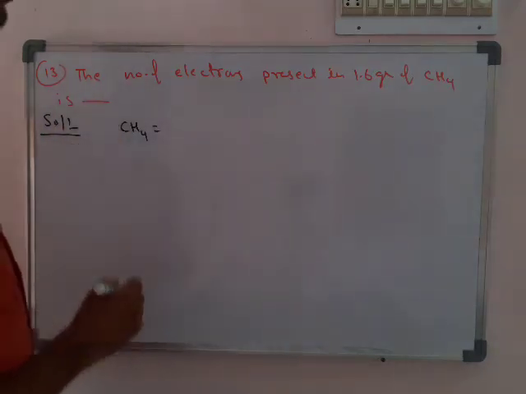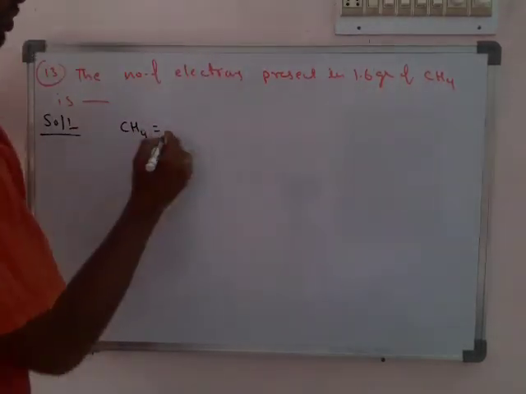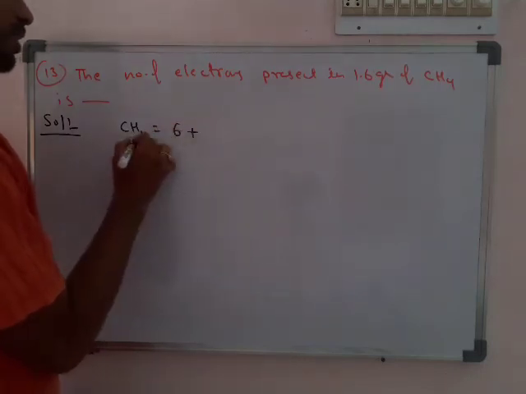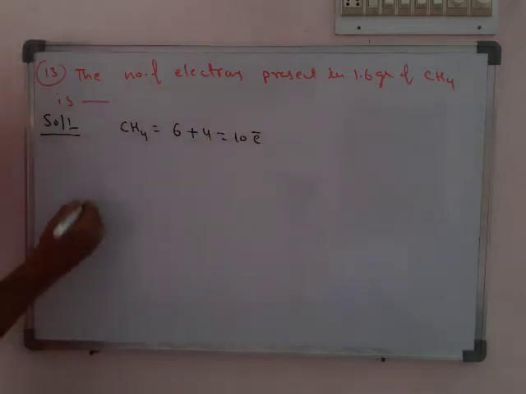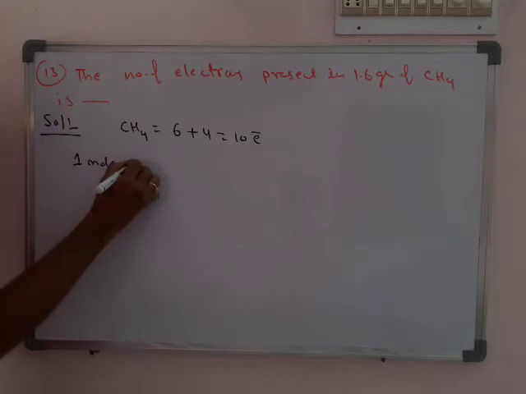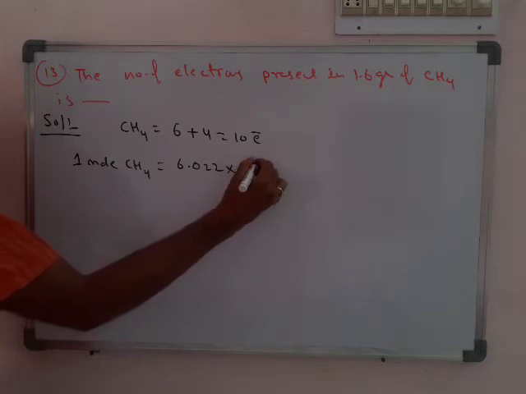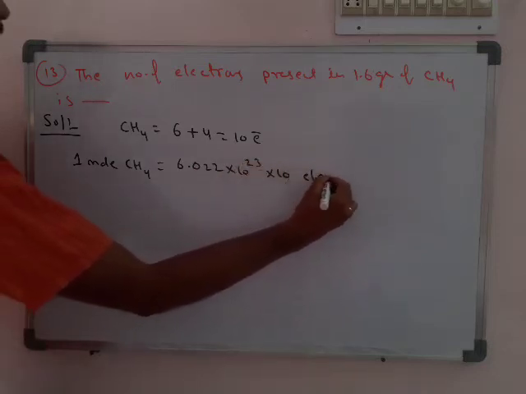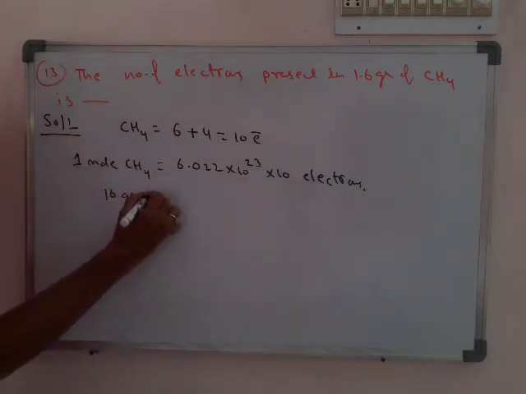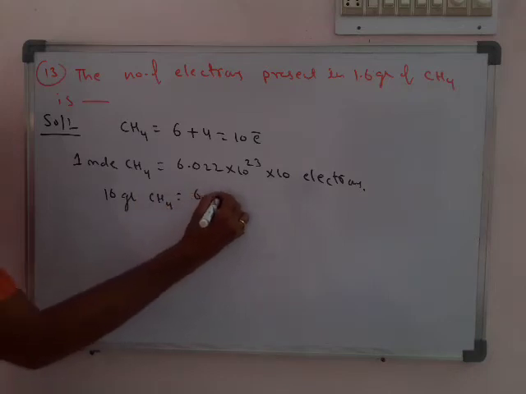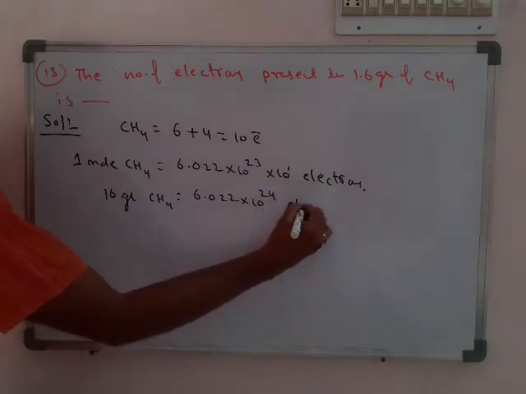First, let's check a single methane molecule. Carbon has 6 electrons and hydrogen has 1 electron each, so that is 10 electrons. So 1 methane molecule has 10 electrons. So 1 mole of methane equals 6.022 into 10 power 23 into 10 electrons. 16 grams of methane has 6.022 into 10 power 24 electrons.